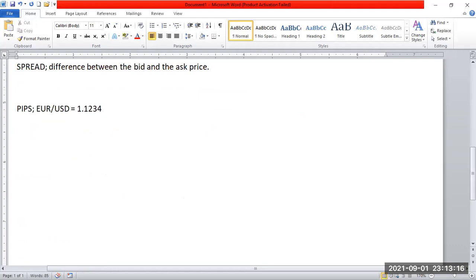Let's say to calculate the pips for JPY now, let's say we have USD JPY. After doing your analysis, after doing your calculation, you want to calculate how much you'll be making or losing on a trade. After doing your subtraction, let's say you get something like 0.96785.